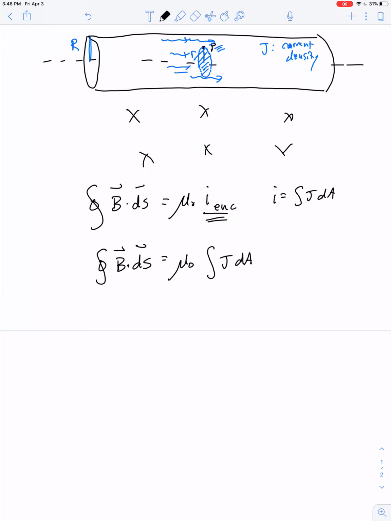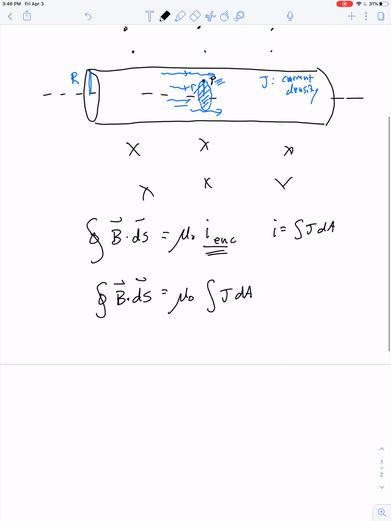Okay, now let's look at the Amperian loop that we chose. It was a pretty good choice. We can assume that any magnetic field that does exist inside of the wire is going to point tangent to my Amperian loop at all points, so we can get rid of the dot product.